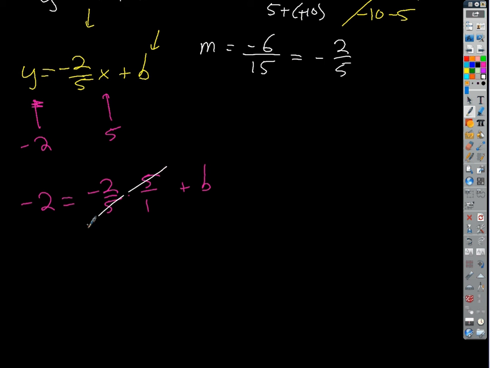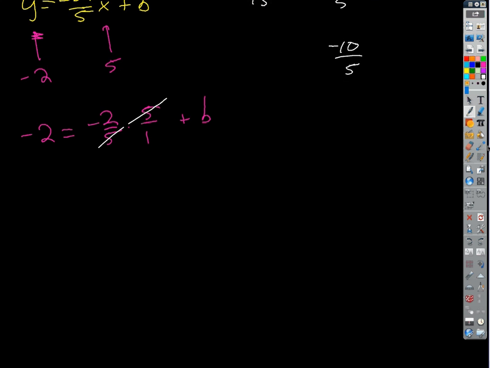I could either cross-cancel, or multiply straight across and get negative 10 over 5. Either way, what do I end up with? Negative 2 over 1 is negative 2, right? So we end up with negative 2 equals negative 2 plus b.